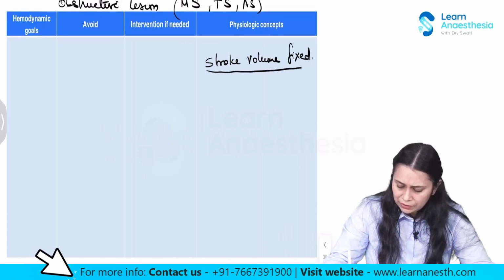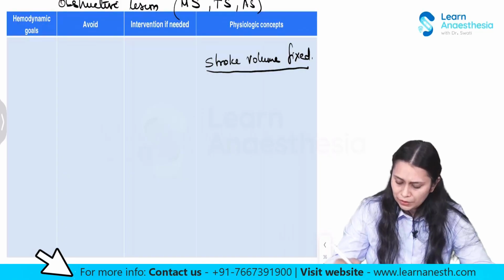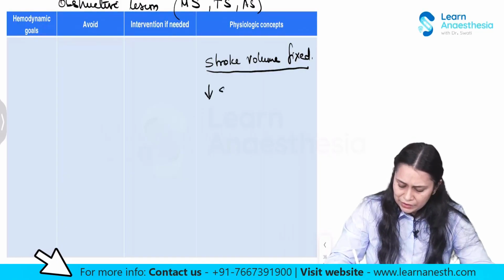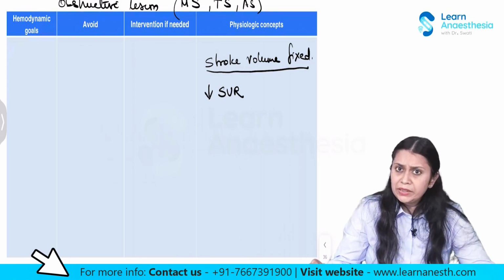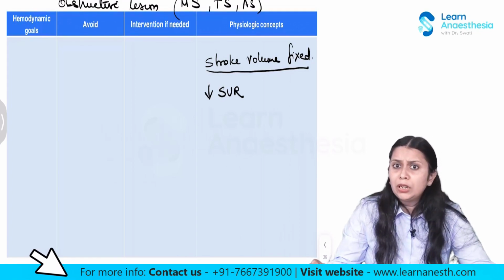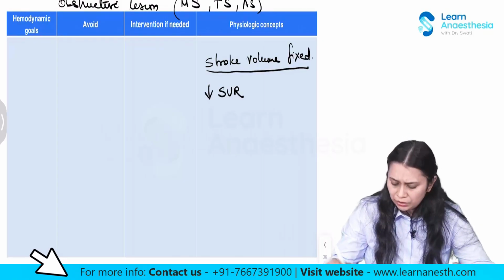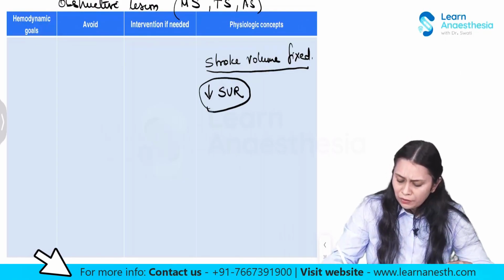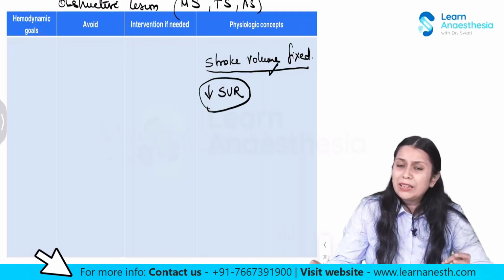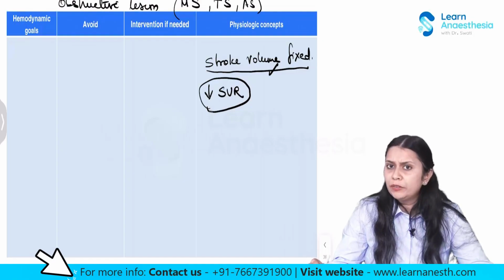Now, decrease in systemic vascular resistance. If for any reason SVR decreases, an absolute decrease in SVR because of blood loss, etc., or a relative decrease in SVR because of anesthetic agents, then because of the fixed stroke volume, a compensatory increase in cardiac output will not happen.